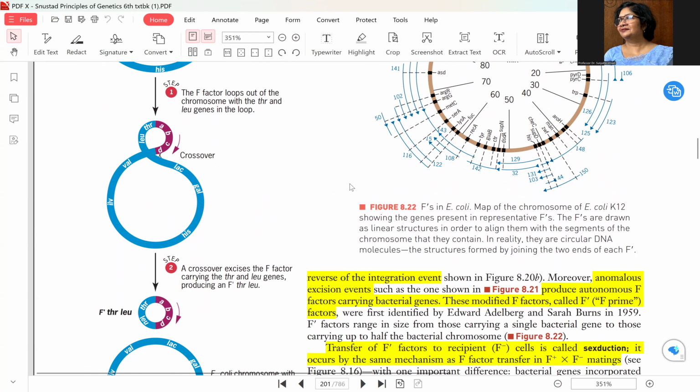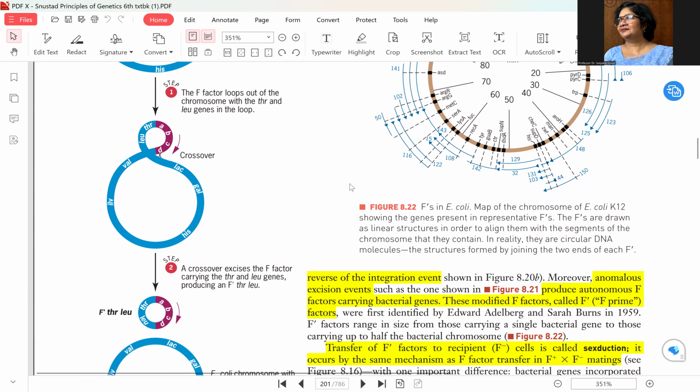The F factor, as it entered the bacterial cell by recombination between homologous sequences, is supposed to excise from the bacterial DNA once again through recombination between those homologous sequences. That is what is expected.